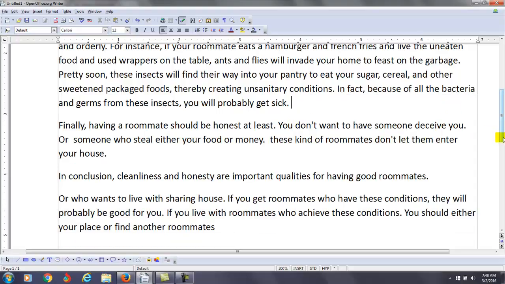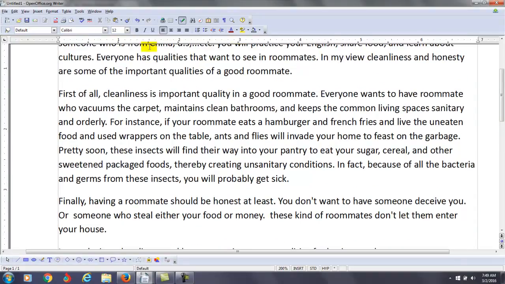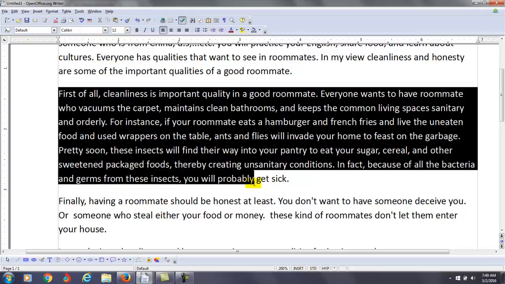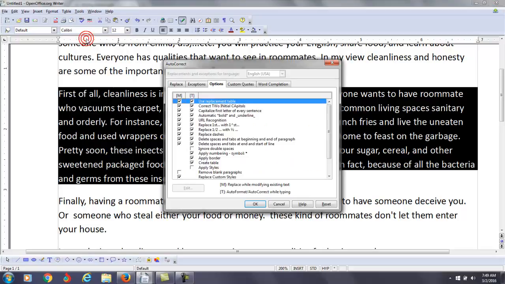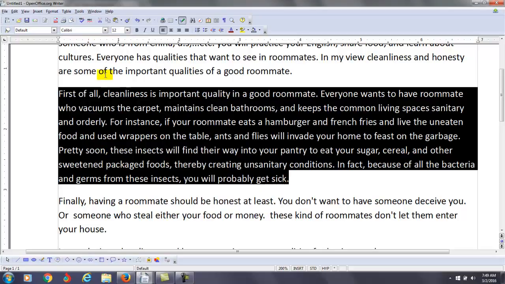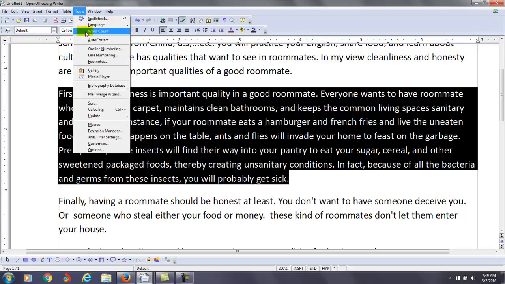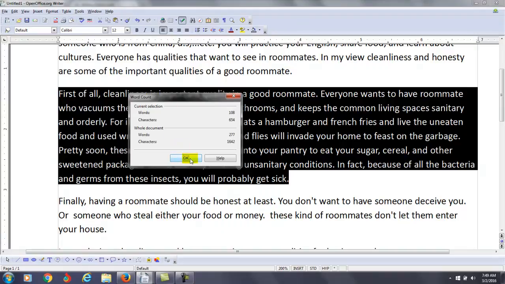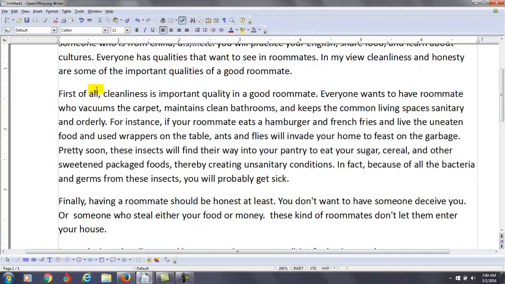Now, let's see what we have now. You can compare the paragraph that you wrote with the one that I have here and see what the difference is. So we are now at 108 words. Now, let's look at it one more time. Cleanliness is an important quality in a good roommate.